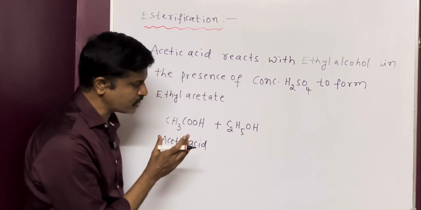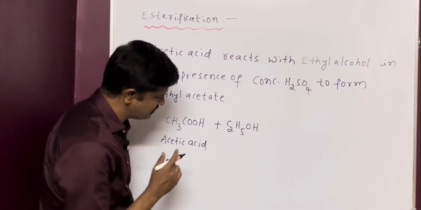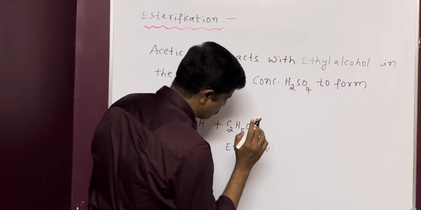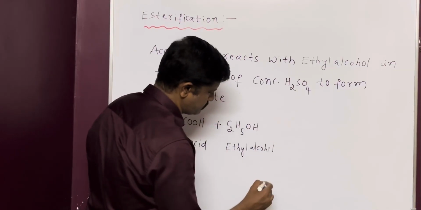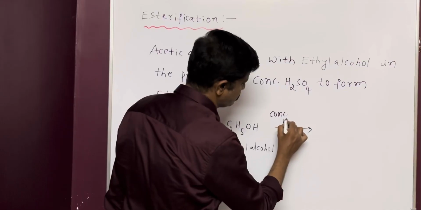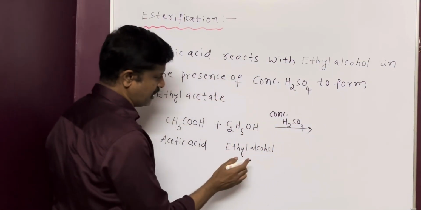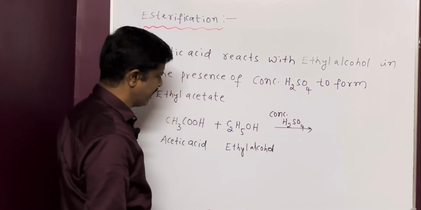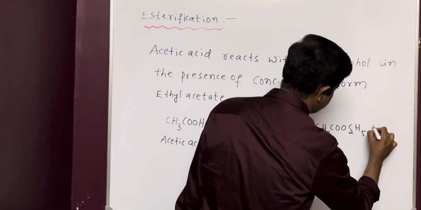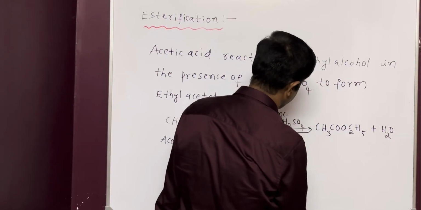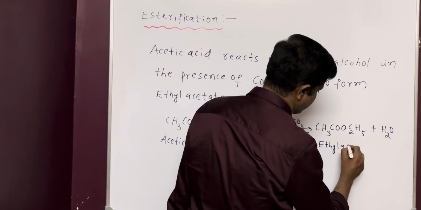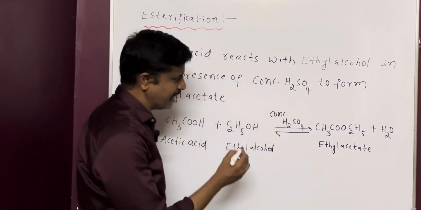Ethyl alcohol, C2H5OH, in the presence of sulfuric acid, to form ethyl acetate.